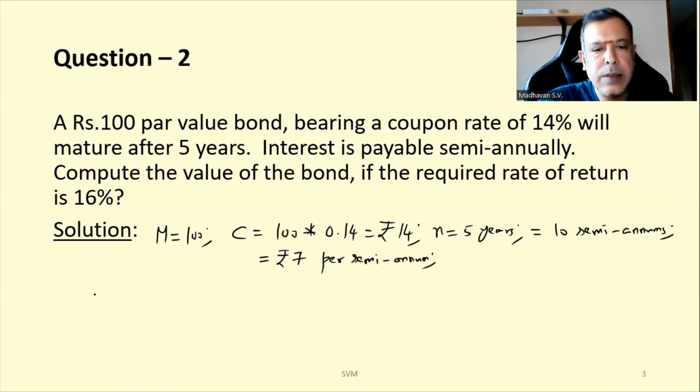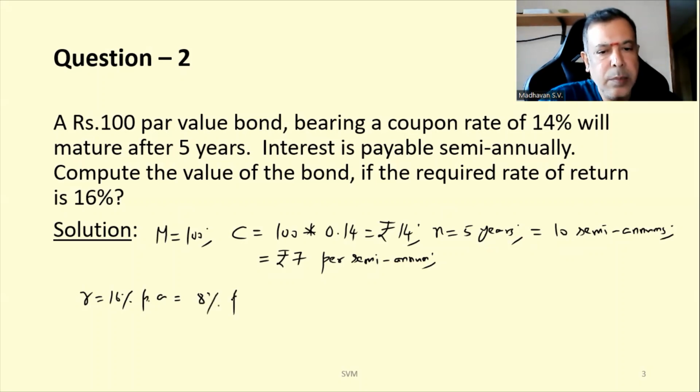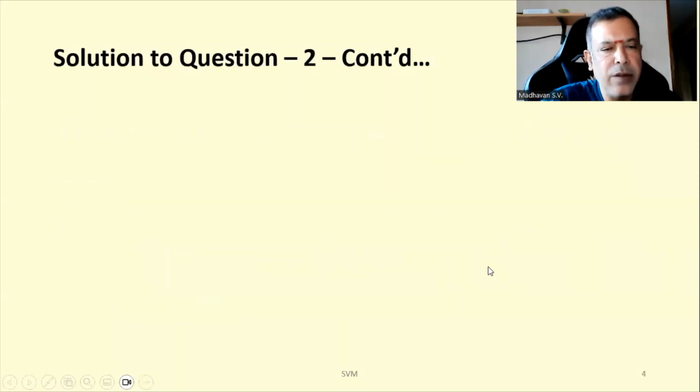Since the required rate is given as 16% per annum, that means 8% per semi-annum. Based on this, we will work out the value of the bond.